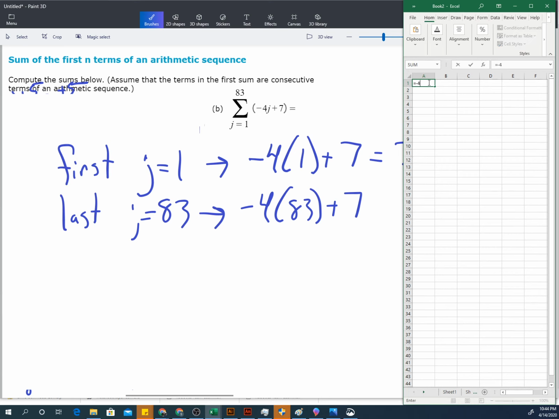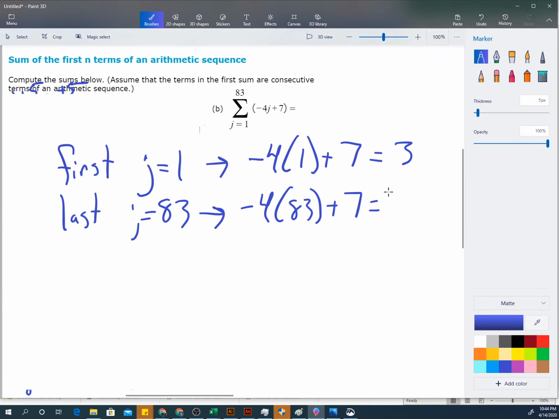Equals negative 4 times 83 plus 7. And you know what, just to be on the safe side, I'm pretty sure it is following PEMDAS, but I'm going to put parentheses around this portion to be sure. Okay, yep. All right, so negative 325.